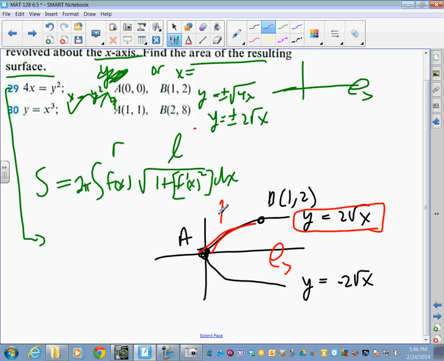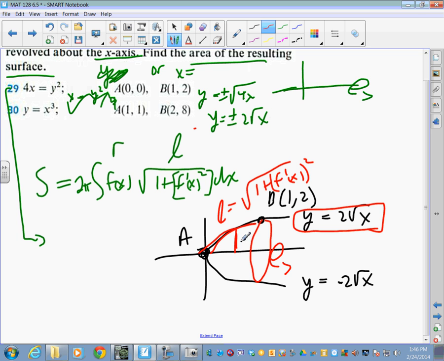Knowing that this is L means that it is the square root of 1 plus the derivative squared. Because now that piece is going to go around this axis, make your cone, and we try to find the surface area.